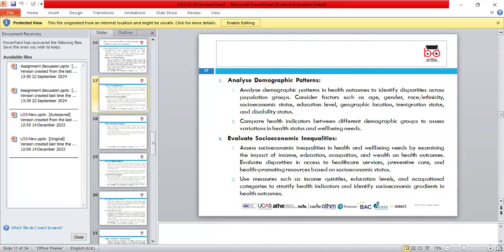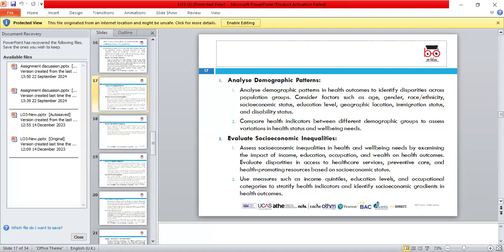When you have done that, you can look into evaluating socioeconomic inequalities. You have seen that one of the indicators is inequalities. How do you evaluate them? You have to assess socioeconomic inequalities in health and well-being by examining the impact of income, education, occupation, and wealth on health outcomes.